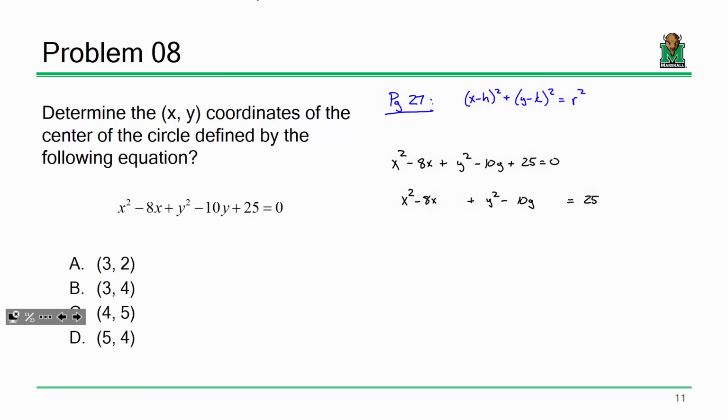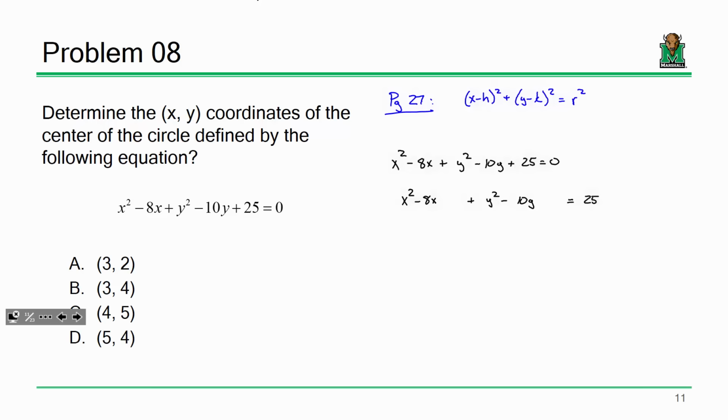We're completing the square. Oh, God, no. What's that? You hate that? It's simple. All right, here's completing the square. I want to be able to factor these x terms into x minus h squared. In order to do that, I need to take this coefficient of the 8, half it.